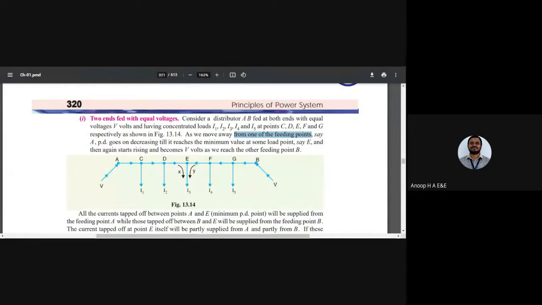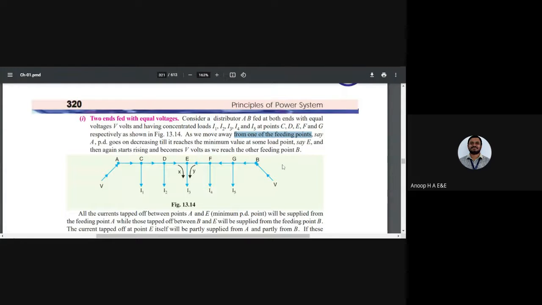So that is the reason why the voltage fed at point A will be decreasing, and once you reach the other feeding point B, it keeps increasing because you are supplying voltage. It is more or less like water tanks. Generally you have two water tanks which are filled. Once one of the water tanks comes to an empty state, you have a point of minimum potential, and the other water tank will come in and supply the water.